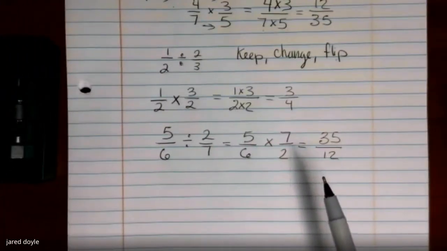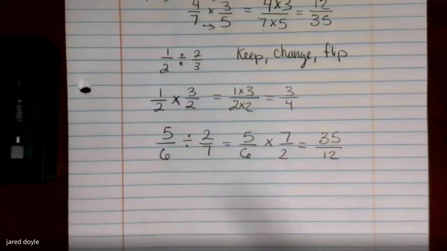Now, the last little thing I wanted to talk about: in algebra, you get a lot of expressions and equations that have multiple fractions in them, and it can be complicated to have all those fractions. So I thought I'd show you how to eliminate fractions from an equation. So let's do a little algebraic expression here.